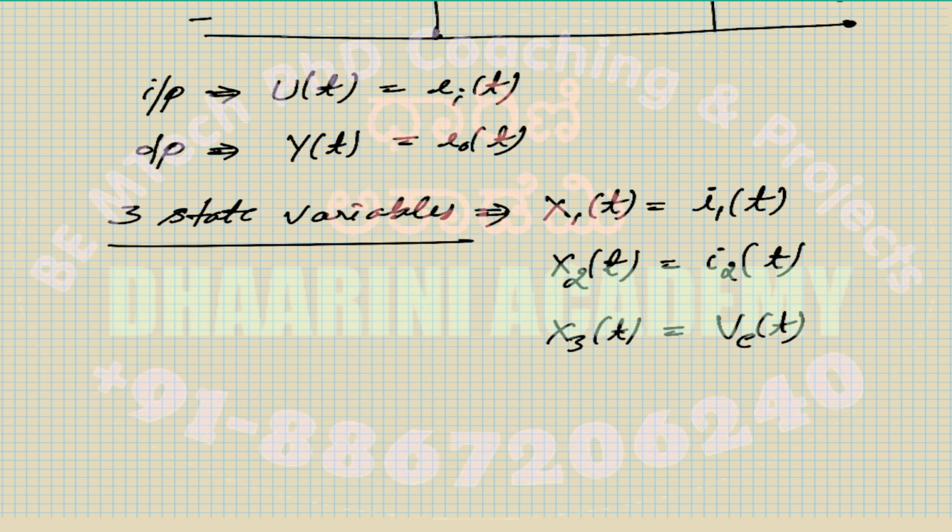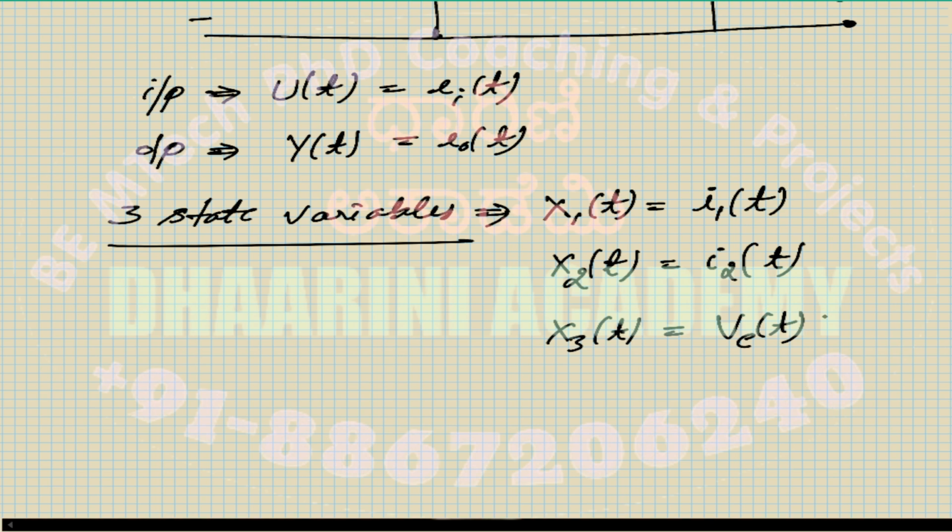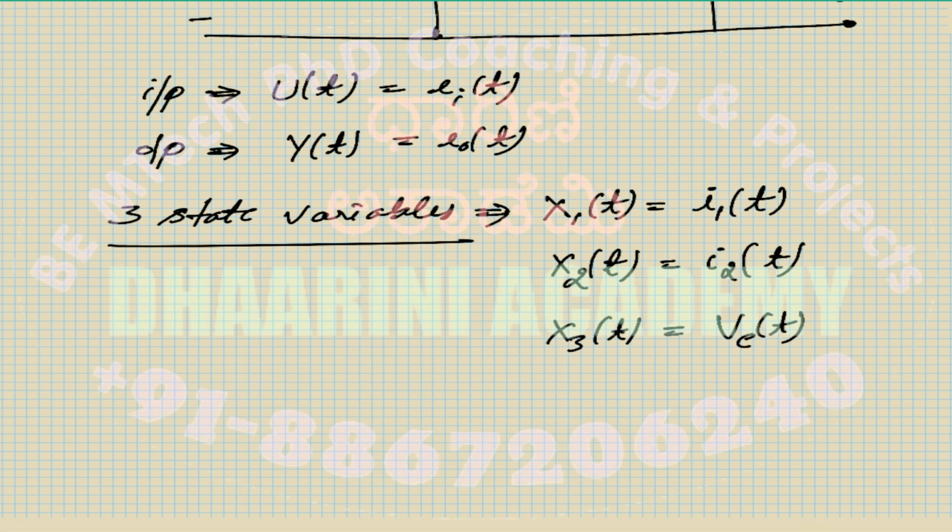Now I want you to write the equations corresponding to each of the state variables, like EI of t, what is the equation, and Vc of t, what is the equation, and how do you obtain the third equation corresponding to Vc of t.